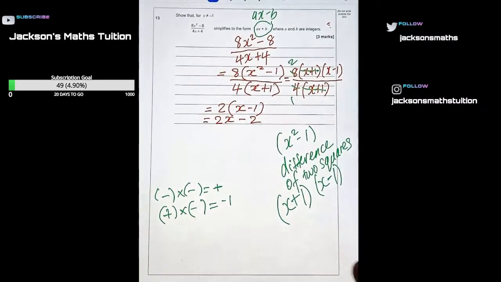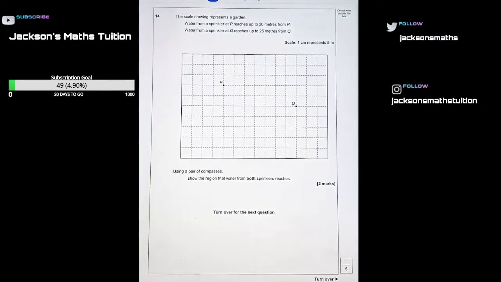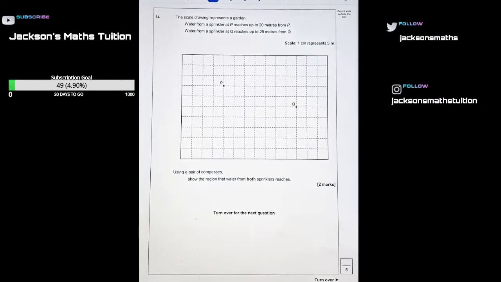All right, 3 marks. Question 14, loci. If you have your exam paper printed and if you have a compass, feel free to use that. But for the purpose of me using the tablet, I won't be able to use the compass on the tablet, but I'll tell you exactly what you need to do when you get a loci question.